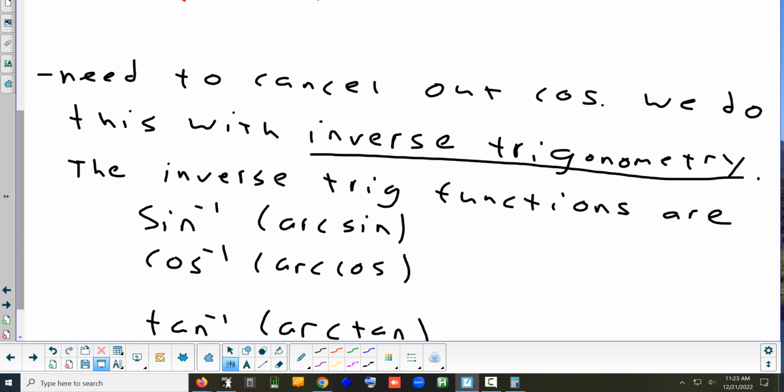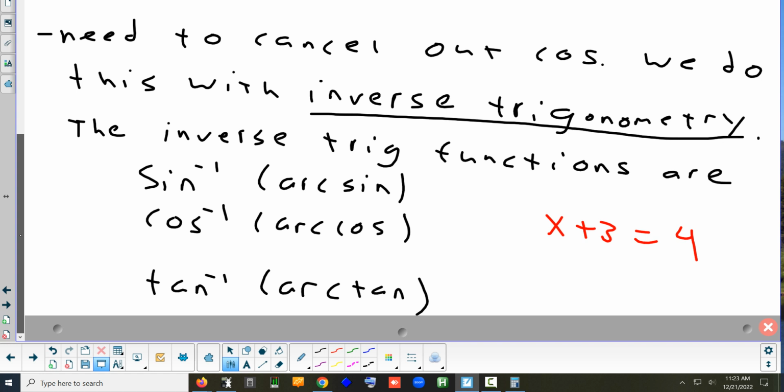And remember, when you do something with a function in an equation, you do it to the entire side. So like if I had x plus 3 equals 4, and you wanted to do the squaring function on both sides, it wouldn't be x squared plus 9 equals 16. That's not how you square both sides.